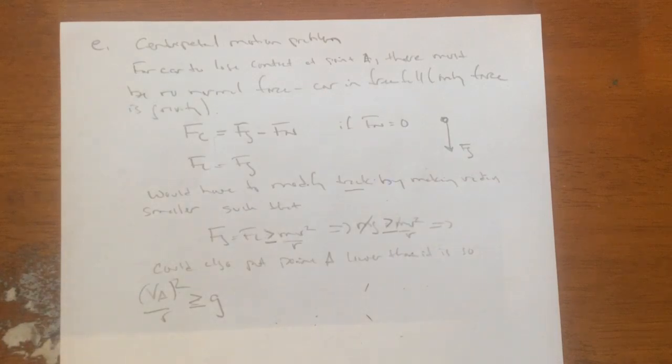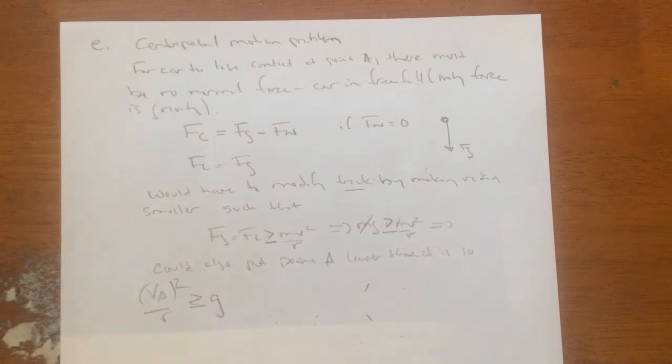You'd have to modify the track. They're asking you how to modify the design. You could do a couple things. You could raise the point where the cart starts, so it has more velocity, and you'd explain how the car would have more velocity.